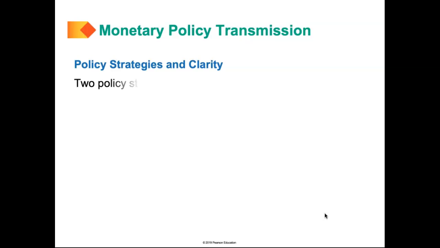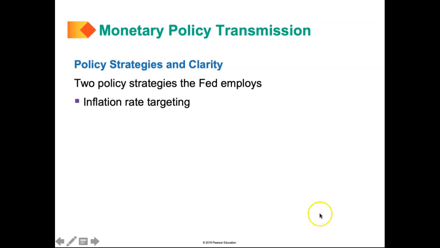The first one is what we call inflation rate targeting, okay? So the federal funds rate is set based on what the Fed thinks the inflation rate should be. The Fed makes an announcement as to what the inflation rate target is going to be for the economy, okay? And the second one is what we call the Taylor rule.